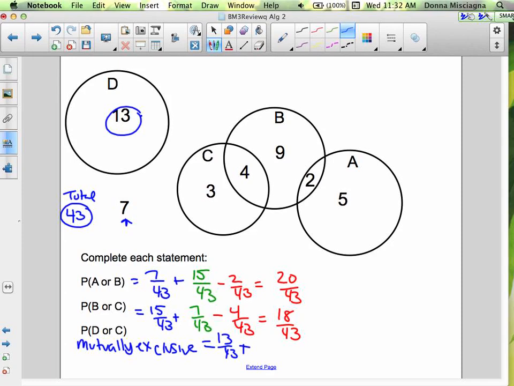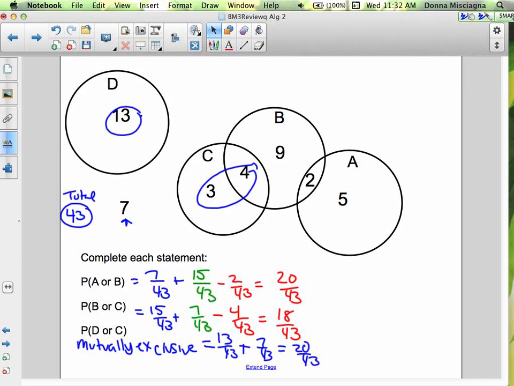The probability of C, there's 7 out of 43. Add them together, and we get 20 out of 43. And that's that. Right, another one done.